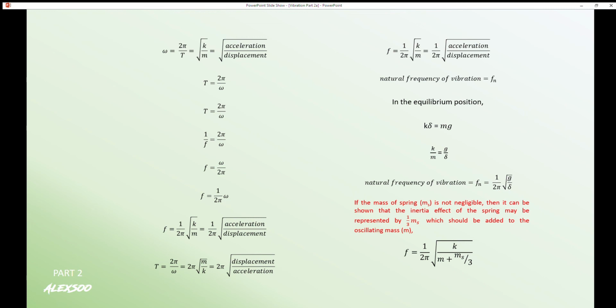So there is only a little bit of modification here if you include the mass of the spring. Thank you.